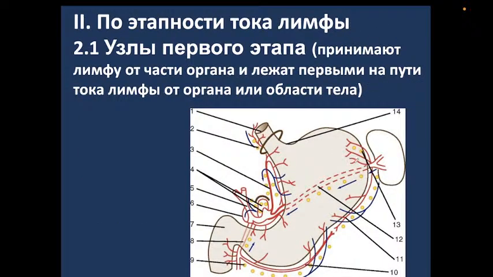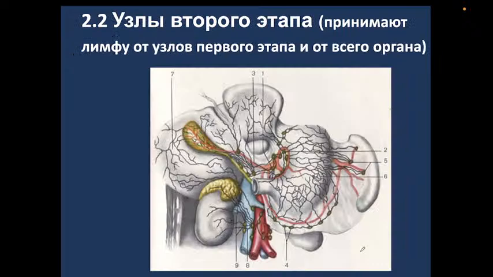We distinguish different groups of lymphoid nodes. Those located close to organs we call lymphoid nodes of the first etap of lymph circulation.